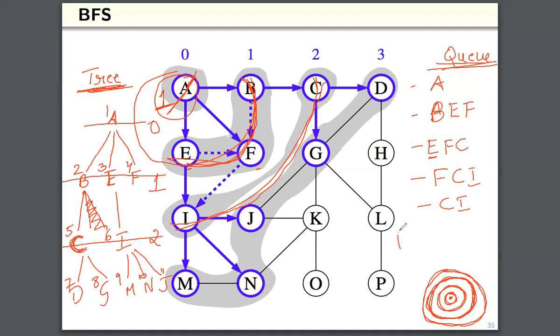See, finally, what we want is this order: A, B, E, F, C, I. Right? See, when we say that you have to visit the nodes in alphabetical order, right? And starting from a particular source vertex. So that is A, that is also alphabetical order, right? We selected the smallest one here.